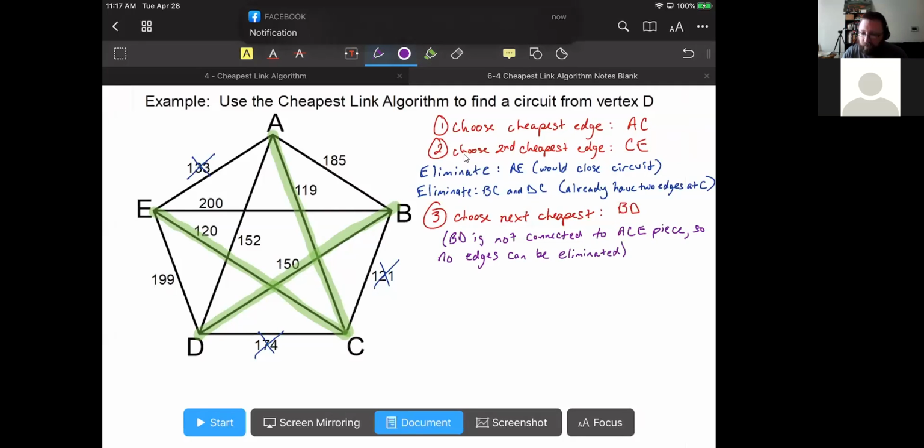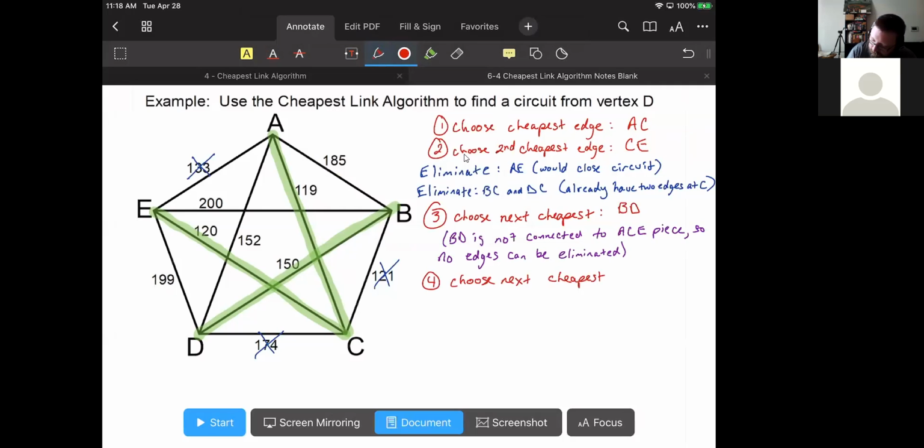Okay, we don't have anywhere where a circuit can form, and we don't have any spot where we've picked more than two edges. So we're just going to go back and say, okay, what is the next cheapest edge? Well, the next cheapest edge would be AD for 152.